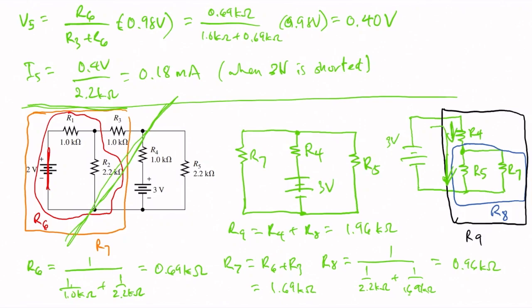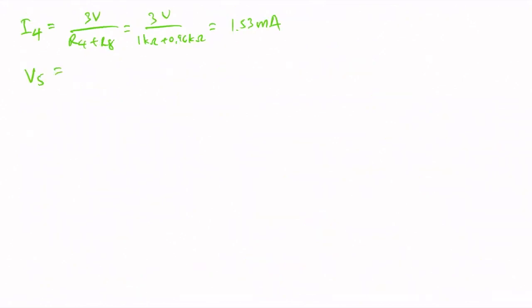Now to solve for I5, which we are really after, we just need to get the voltage across this junction here. And to do that, we recognize that this is another voltage divider. To get V5, we equate that to R5 divided by R4 plus R5 times 3 volts.